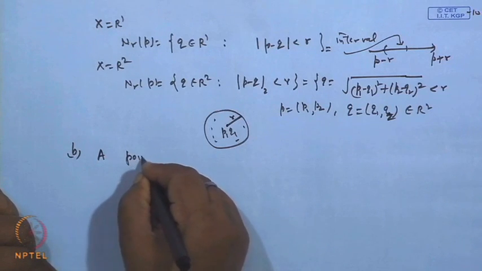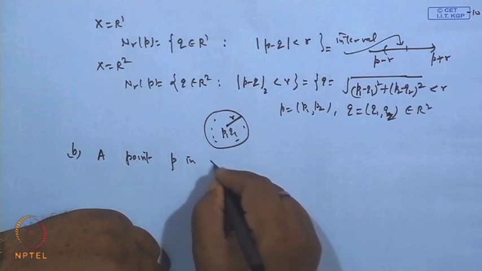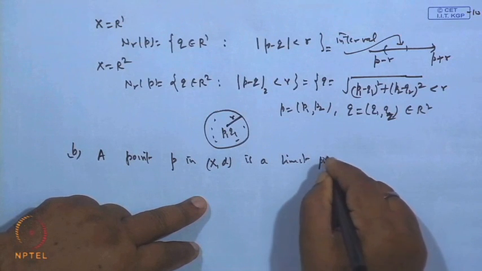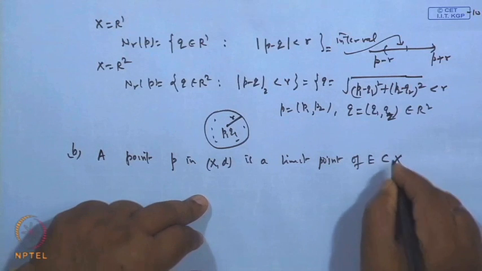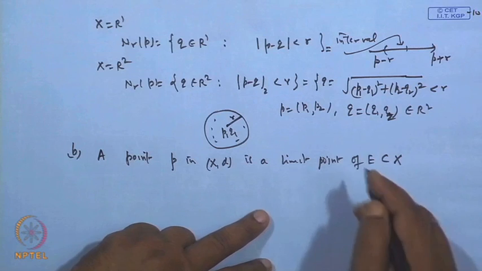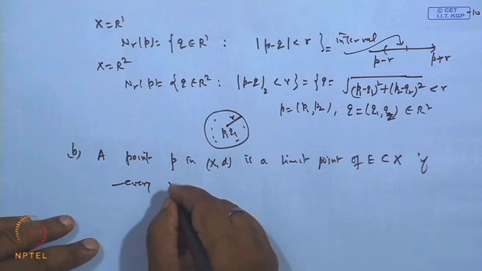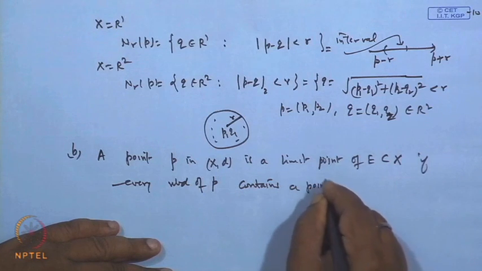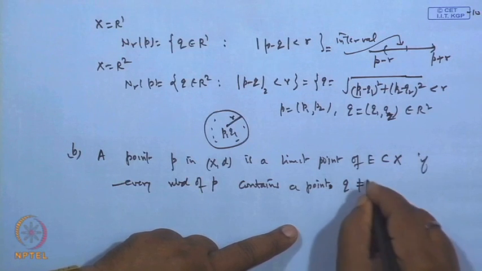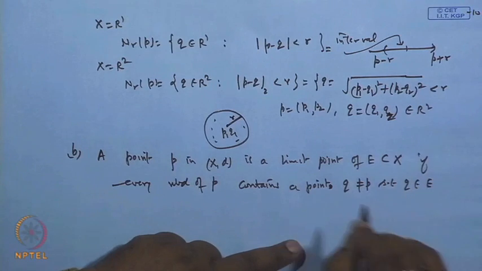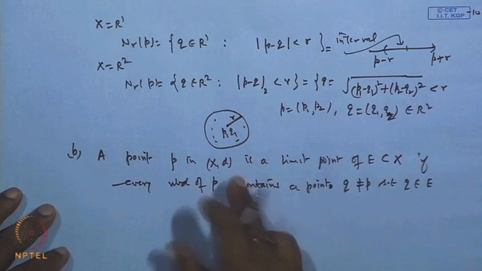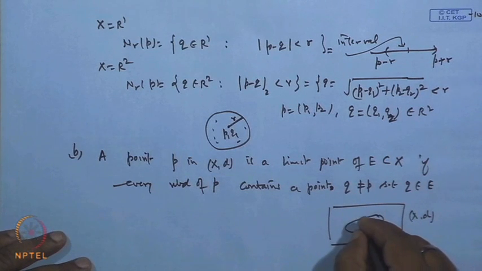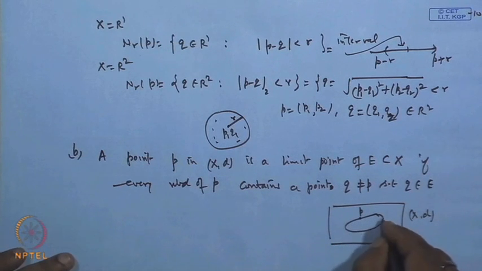A point P in a metric space X, d is a limit point of the set E, which is a subset of X, if every neighborhood of P contains a point Q different from P such that Q is in E. If this is the metric space X, d and here is the set E, then P may or may not belong to E, but it will be a boundary point of E if it is a limit point.